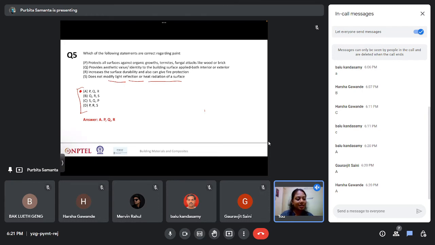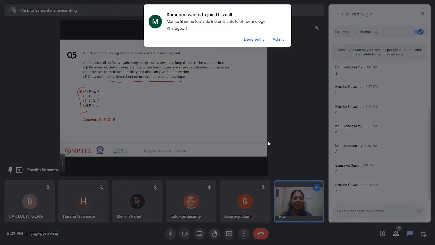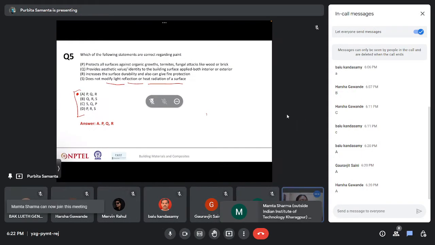So all this affects how much light is getting reflected, because there we know that during daytime it's very hot, and obviously no one would like the heat to get absorbed from the walls and the interior to get much more heated up. Nobody will want that. So keeping all these things in mind, light shaded colors are used in order to enhance the light reflection.